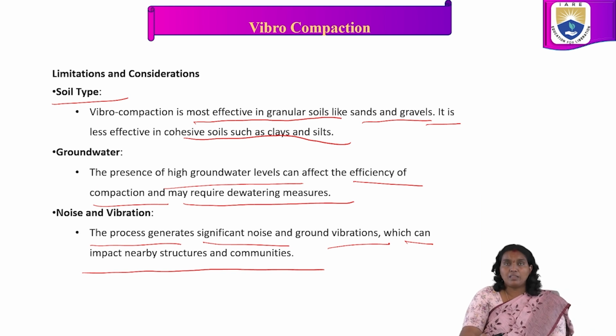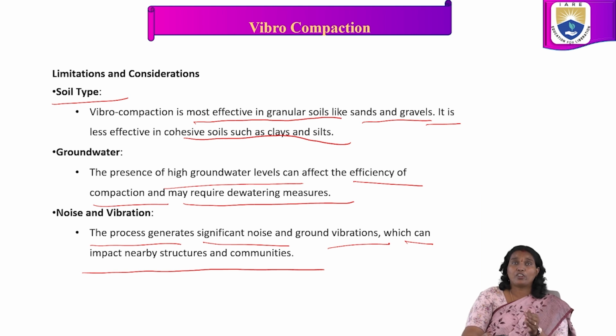So, these are some of the limitations and considerations for vibro compaction: the soil type, the groundwater level, and the noise and vibration, which we have to consider at the time of using this technique.